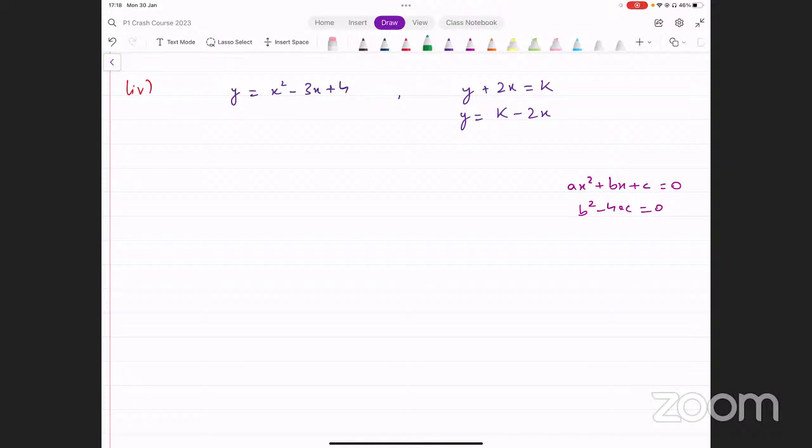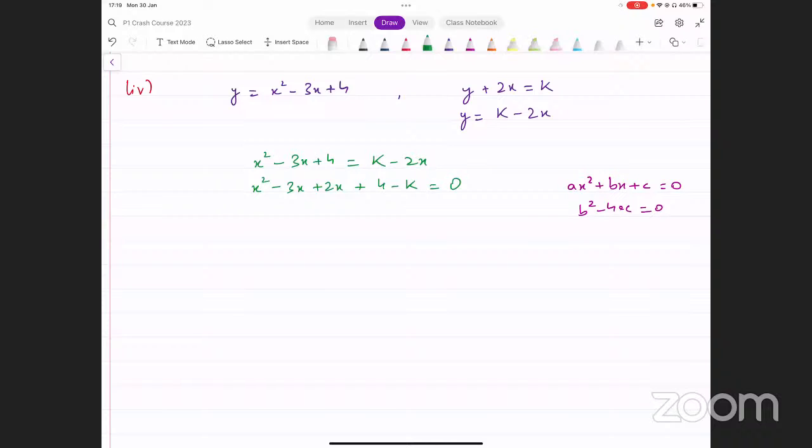Let's equate them. That gives us x squared minus 3x plus 4 equals k minus 2x. Right? This is how you find the points of intersection. You equate both of them. Now take everything to one side. x squared minus 3x plus 2x plus 4 minus k equals 0.